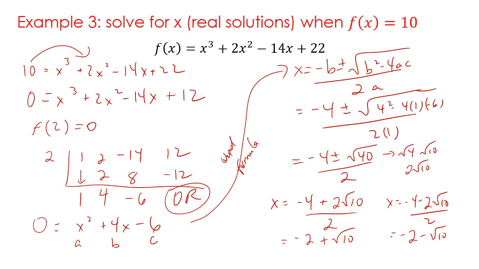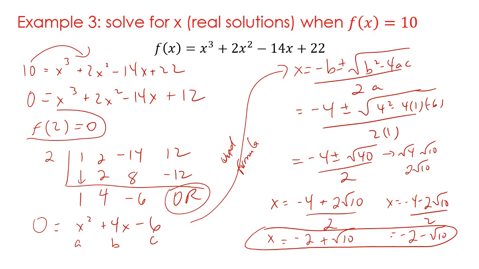So our solutions are these two. And don't forget we got this, and also x equals 2. And those are our 3 solutions. X equals 2, and those two: x equals negative 2 plus root 10, and negative 2 minus root 10.